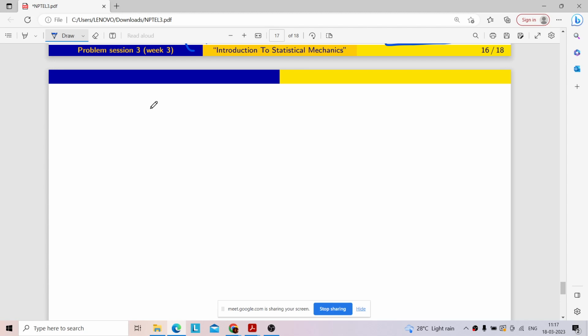We have bosons distributed like this, and as we reduce the temperature, their motion will slow down, and at some critical temperature Tc, they will behave like a single particle or single molecule. This state is known as Bose-Einstein condensate.